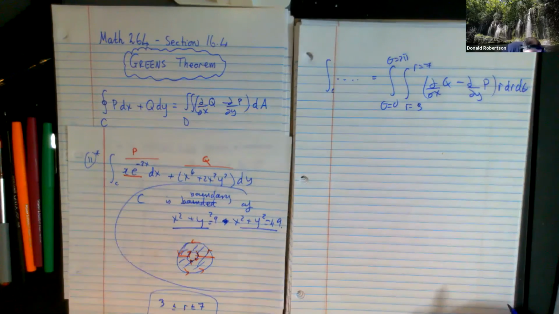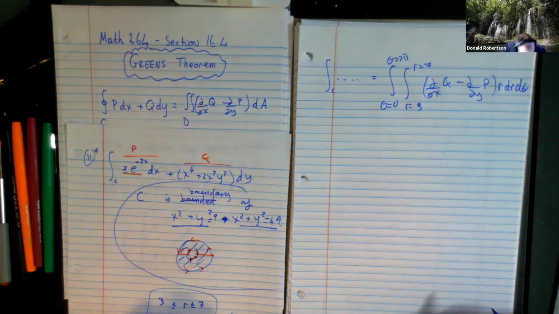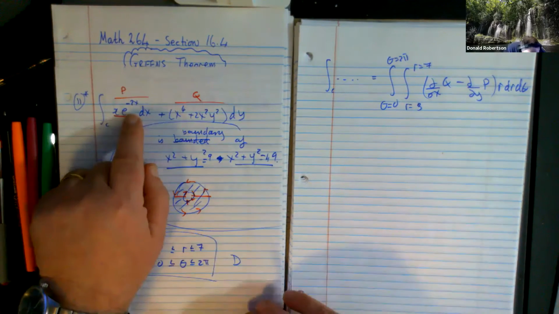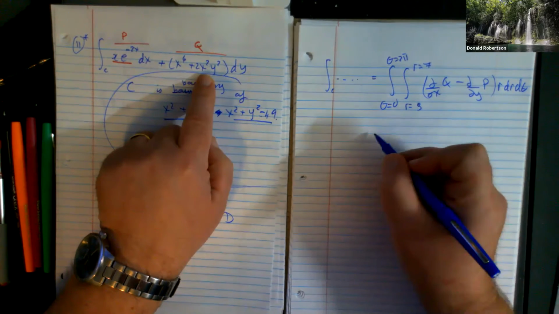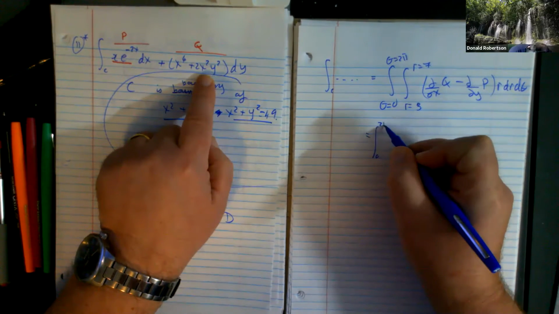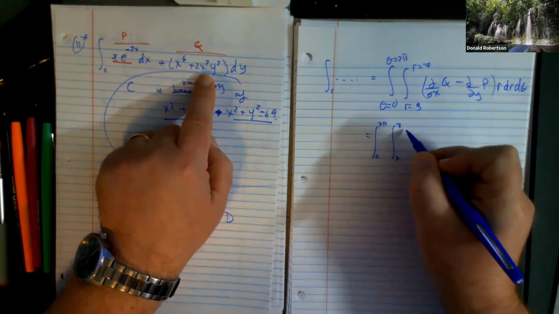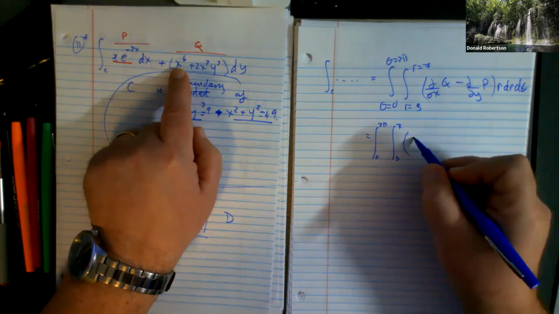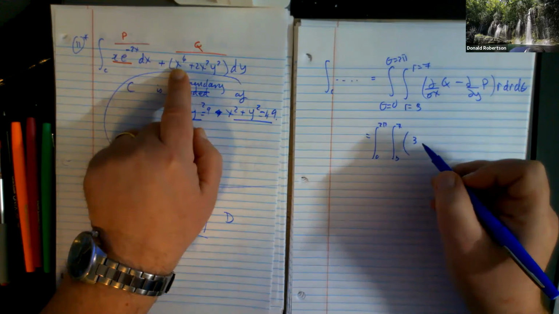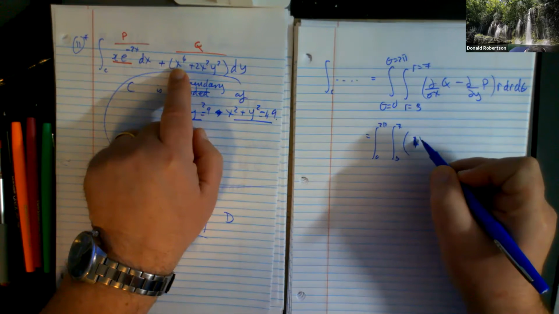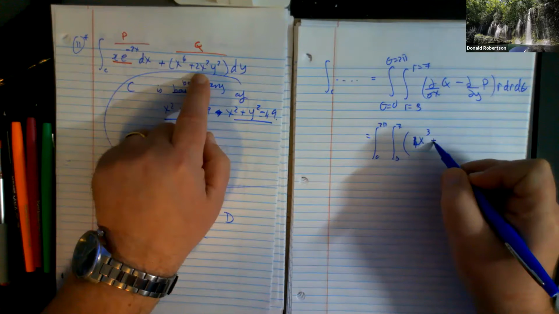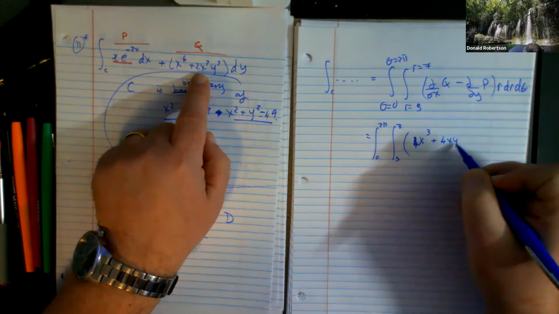So what do I need to take? I need to take this guy with respect to x. So let's see what we get. Oh, I don't like that. 4x cubed plus 4xy squared.